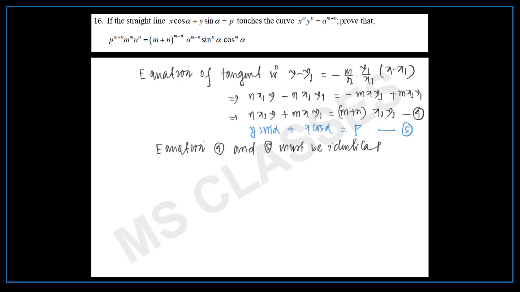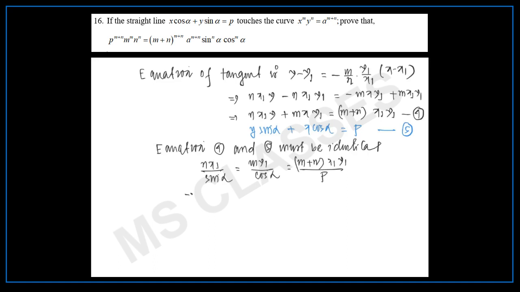So on comparing the coefficients, what we get is n x1 by sin alpha equal to m y1 by cos alpha equal to (m plus n) x1 y1 by p. Now from this we can find out the value of x1 and y1.